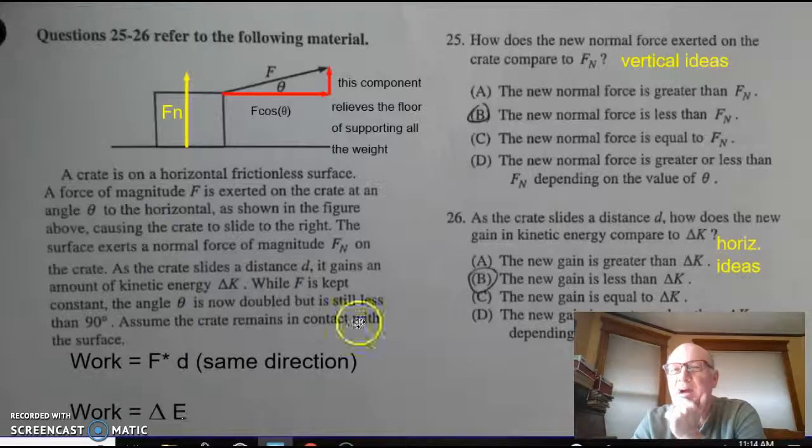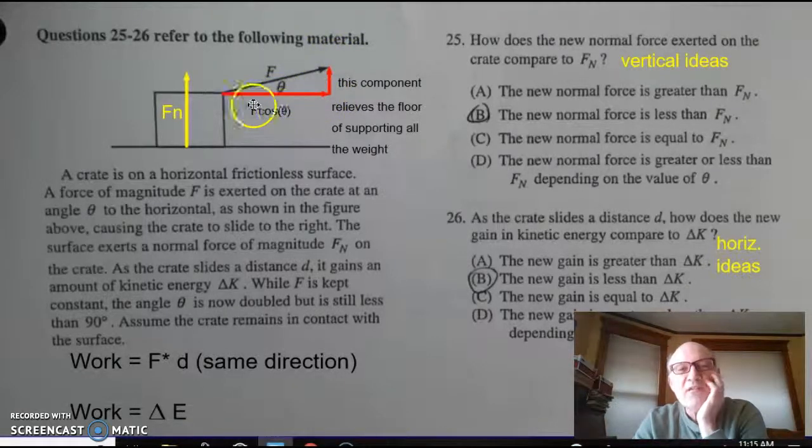Okay, so if theta doubles, there's a greater vertical component, and it's going to mean that the horizontal component is less. So the new F cosine theta will be smaller than the old F cosine theta. The distance is the same, so the work done will be smaller, and then the change in kinetic energy will be smaller. So choice B here says that the new gain is less than delta K.